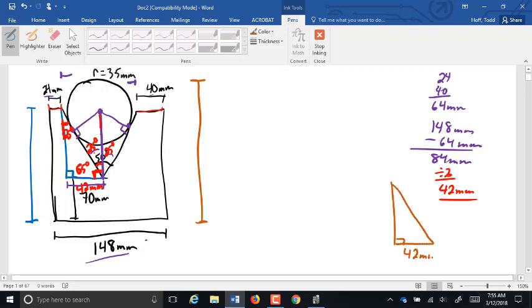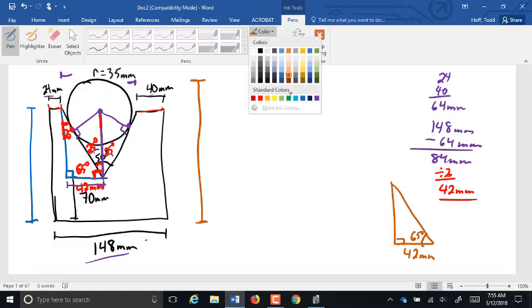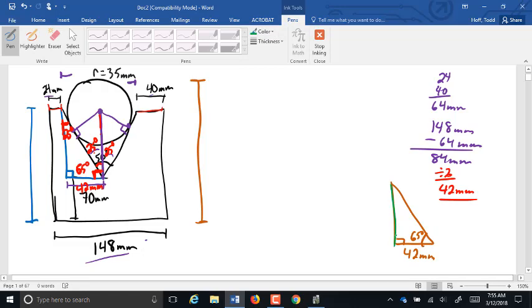If that's 42 millimeters, we have this triangle. I am looking for this height here. What's that height? How do I find it? Well, this side is going to be what side of the triangle? Opposite. The 42 is the adjacent.